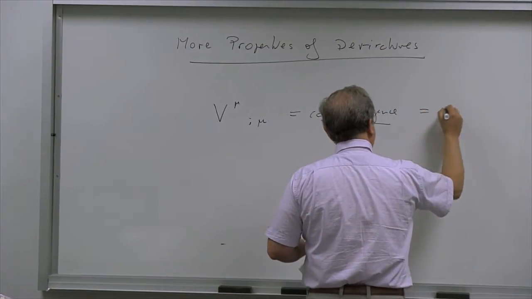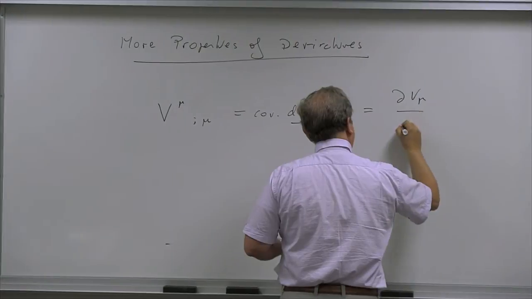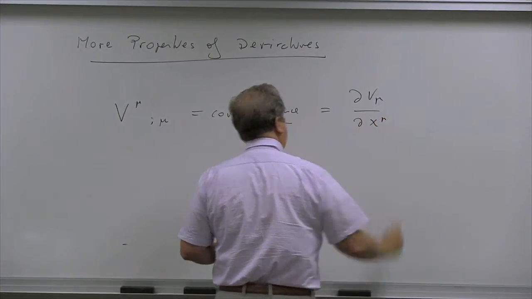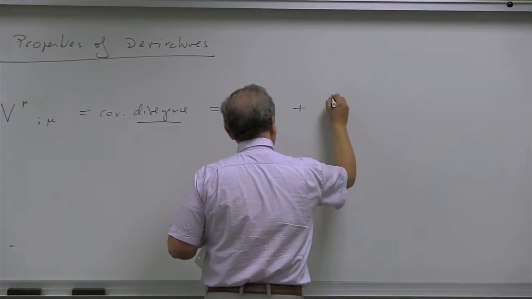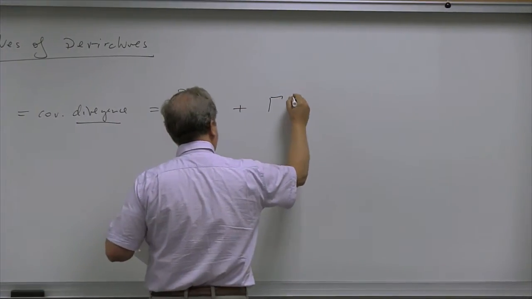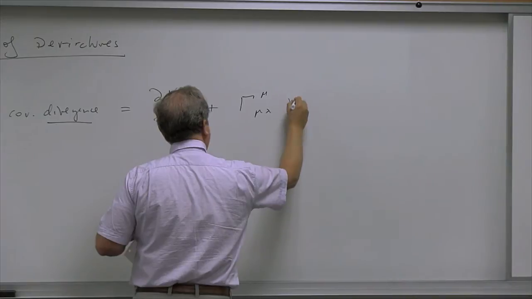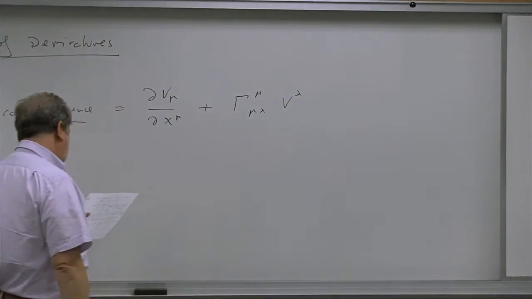This is going to be equal to dv mu by dx mu. Now the two indices are the same, and so we also get two indices which are equal in the affine connection. So we get gamma mu, mu lambda, and then v lambda, right?